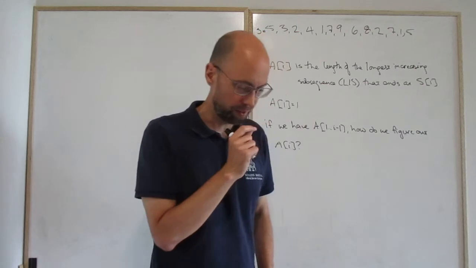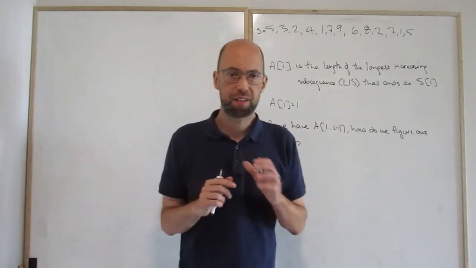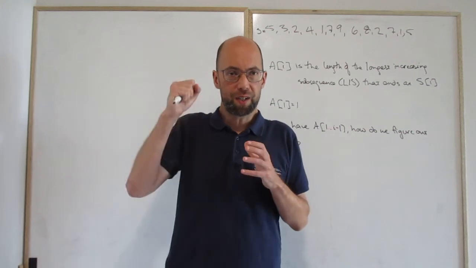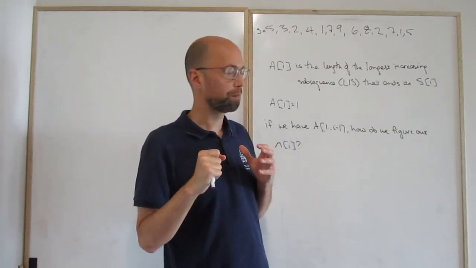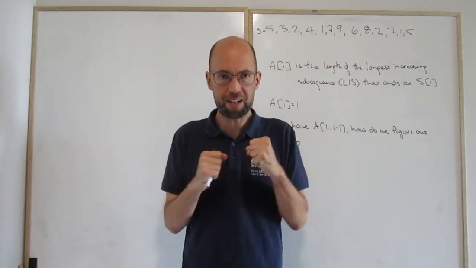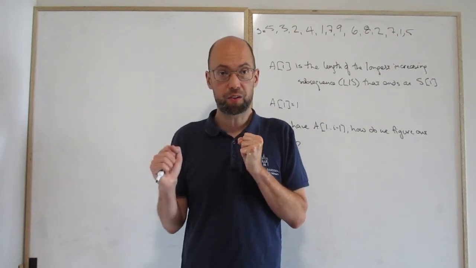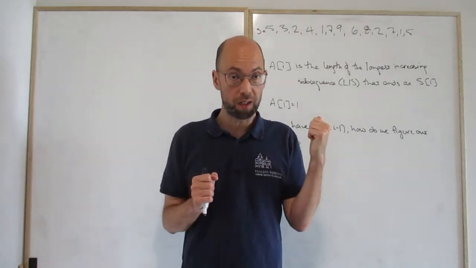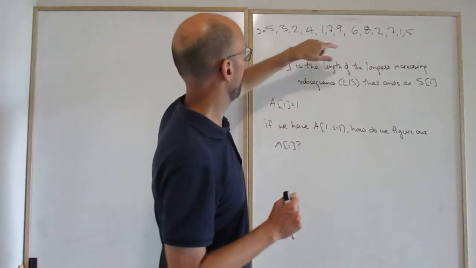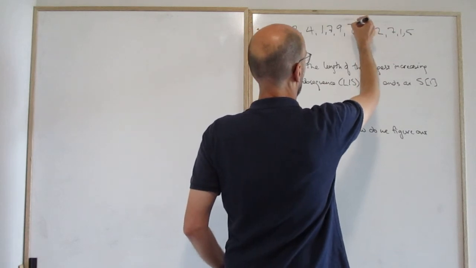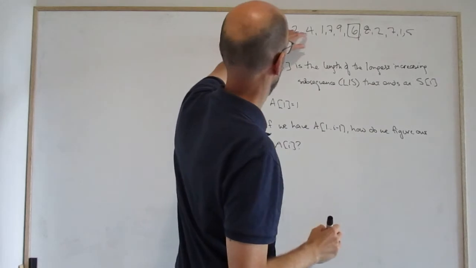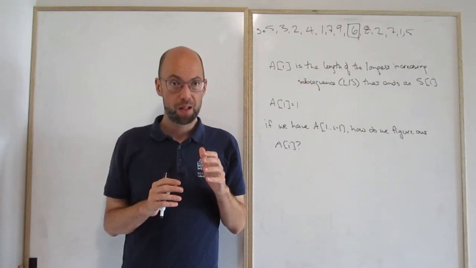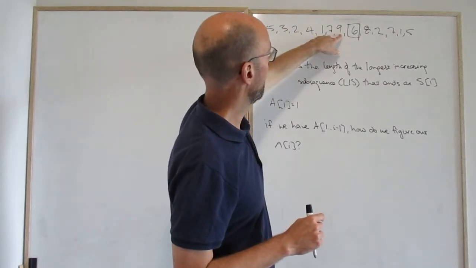Thinking back to that lecture where we were partitioning into the minimum number, we have S_i, and we can append it to an increasing subsequence if it's larger than the last element in that subsequence. So if we want to compute A_8, are we interested in A_7?